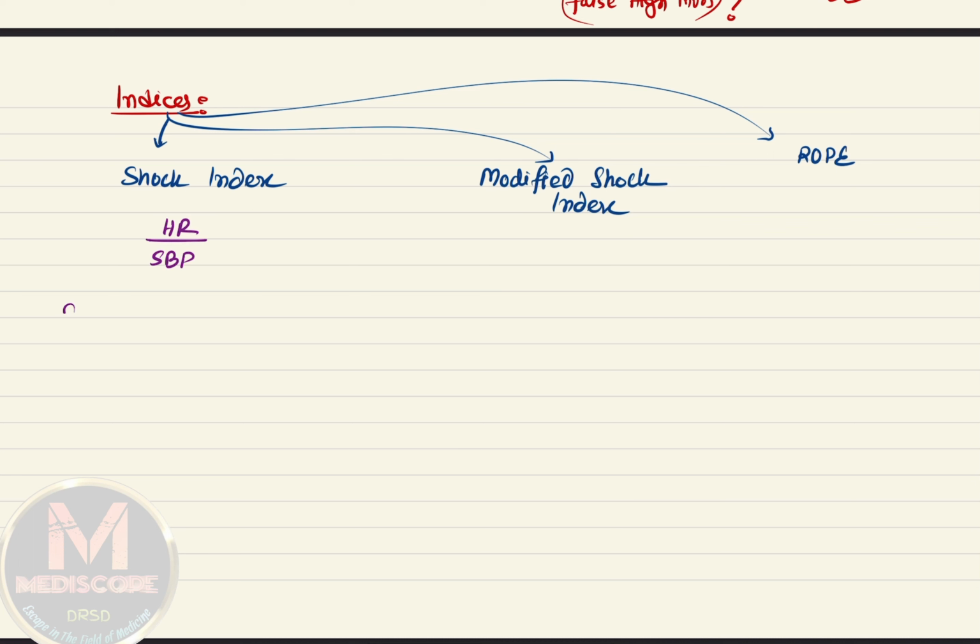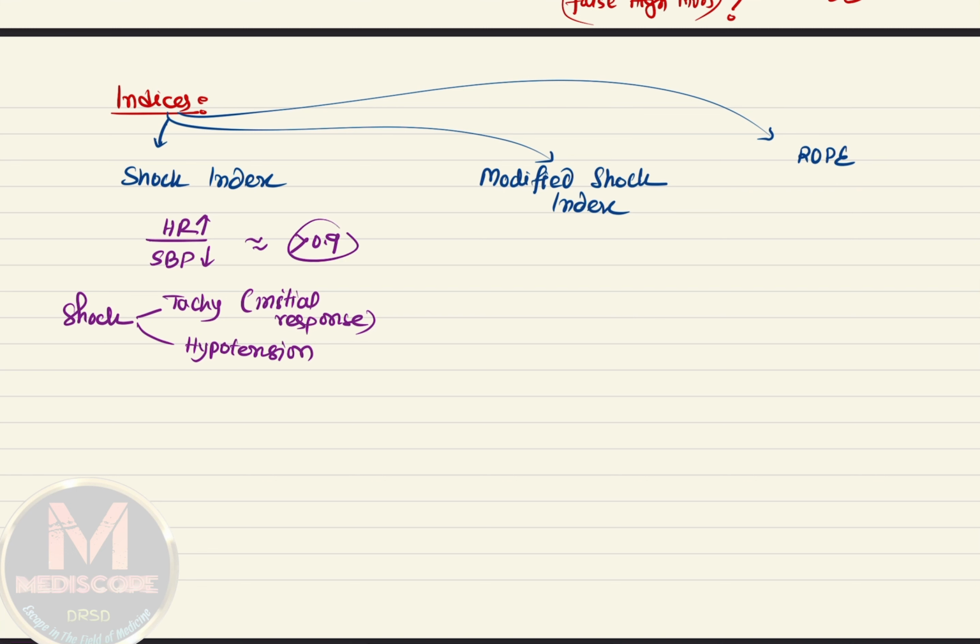In shock, there is tachycardia, so the heart rate will increase. It is the initial response as a compensatory mechanism. And what happens to the blood pressure? There is hypotension, so the systolic blood pressure will decrease. If this ratio is more than 0.9, that denotes a higher mortality. That is a bad prognosis.